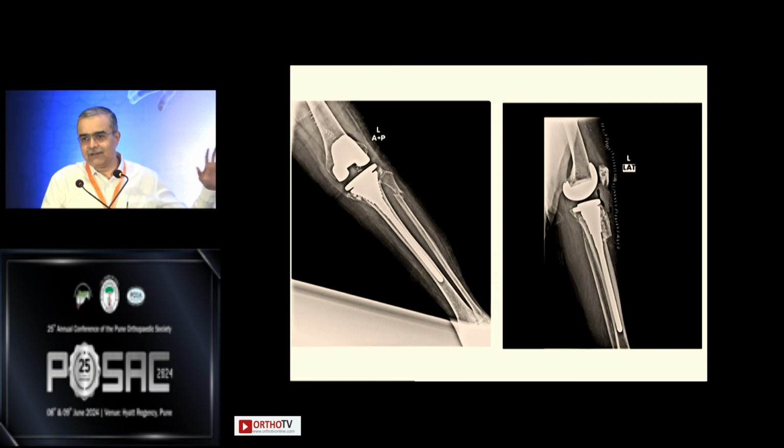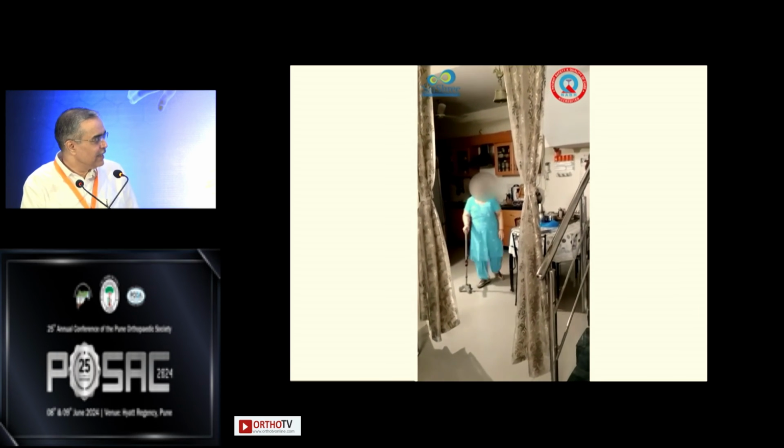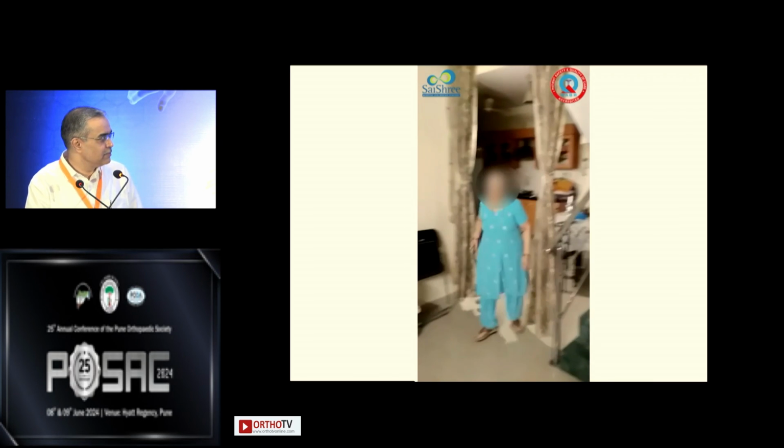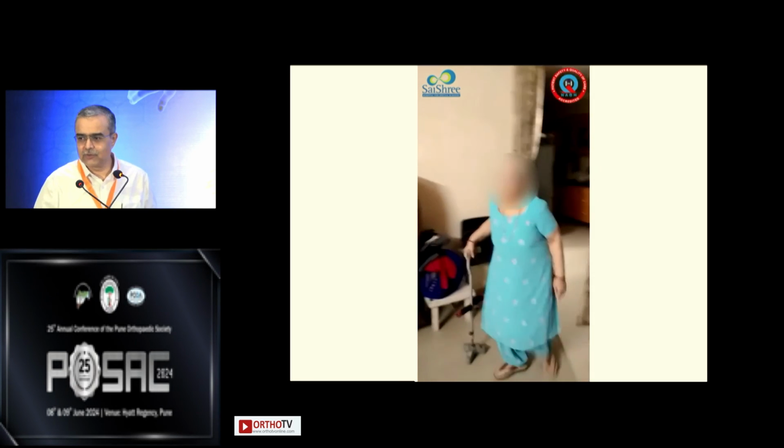So we could save her femur, and this is the practical solution we had. And I could get excellent hold with this metaphyseal sleeve and with some bone graft substitutes. And this is her 8 weeks post-op video, walking comfortably. So the opposite knee is fused, and on the left knee she is now able to walk without any discomfort.